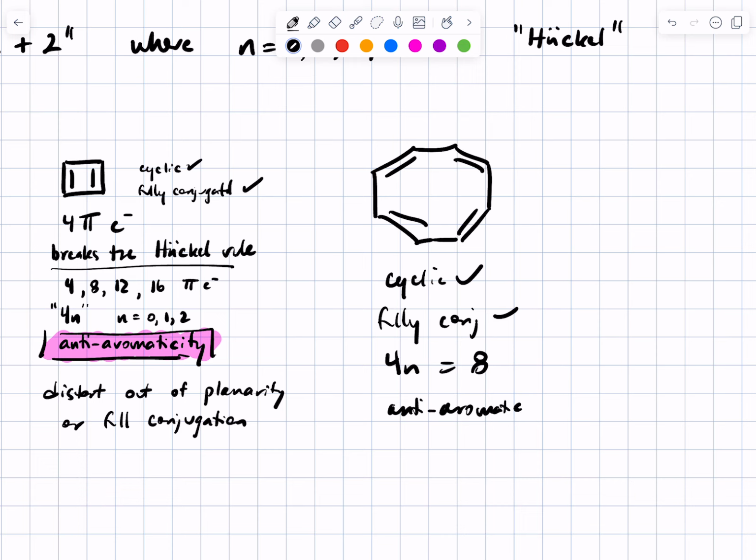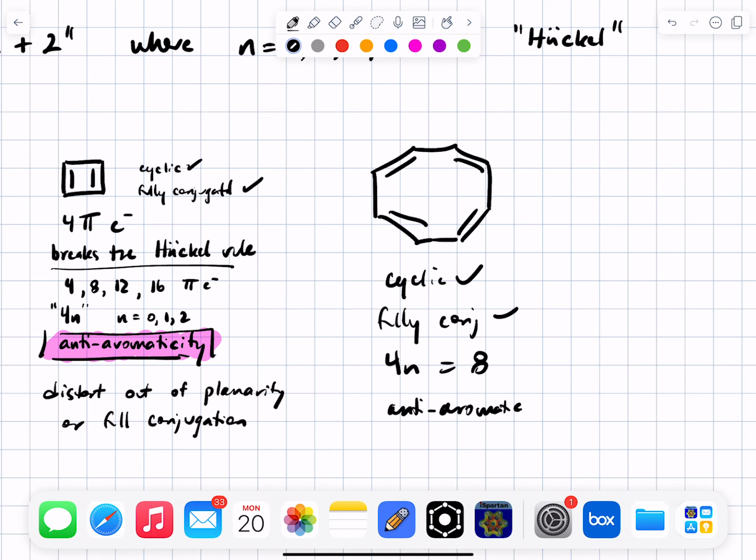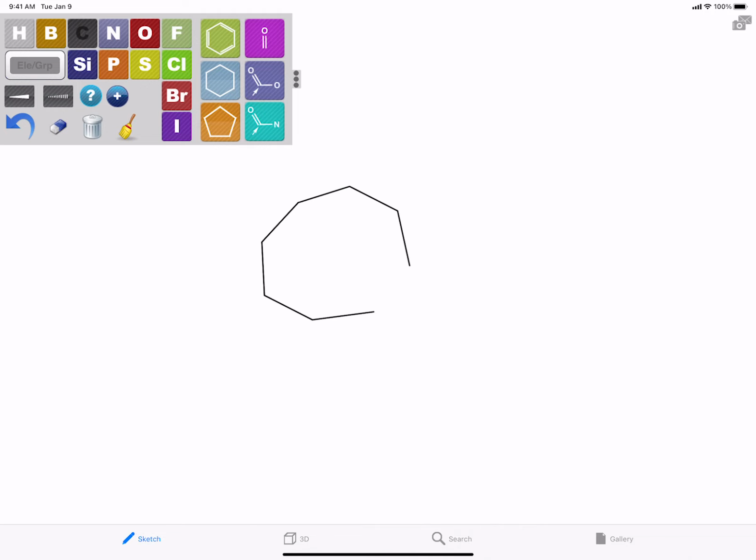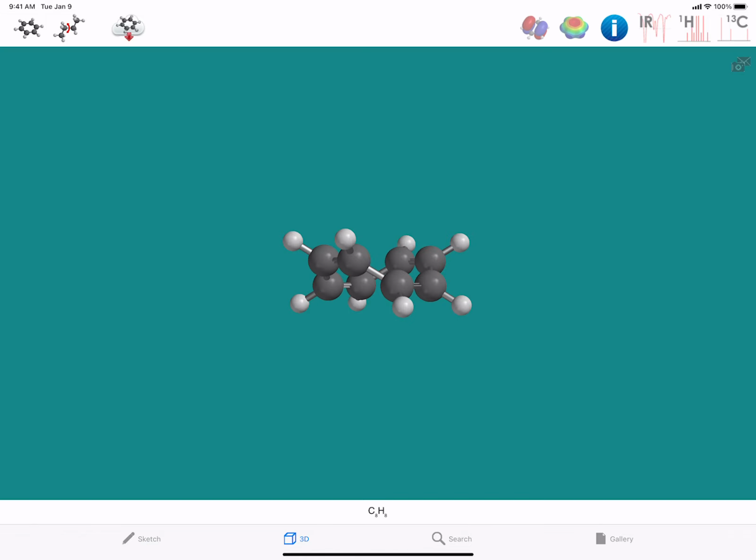To avoid that, again, it tips itself out of planarity, and maybe I can illustrate this in Spartan. Cyclooctatetraene, clean that thing up.